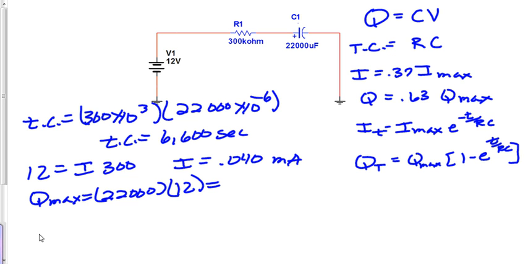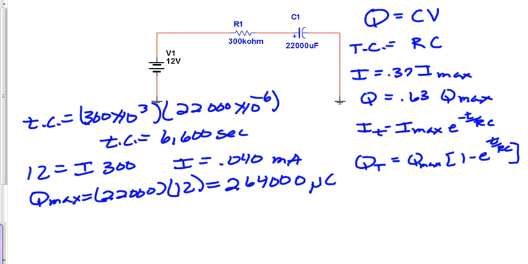And that will give us a value of 264,000 microcoulombs. Now you're, of course, welcome to convert that to a different unit if you like. I'll just keep all of mine in microcoulombs.